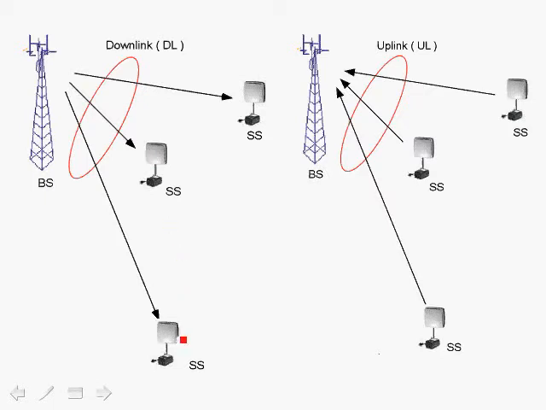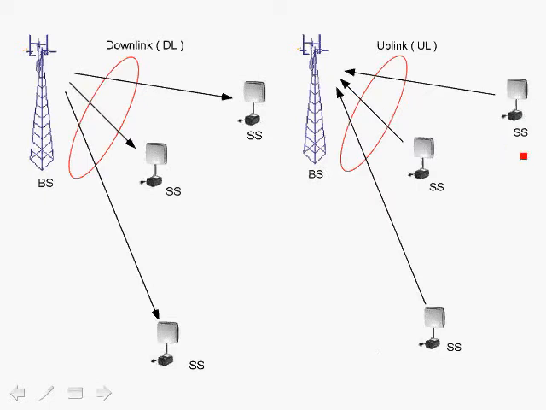So subscribers that are on the edge of the network may take well over 100 microseconds compared to subscribers that are close by. An issue that arises is during the uplink. If we look at the uplink situation, each subscriber would transmit data to the base station. And of course, we are going to be talking about, in this case, time division duplex.